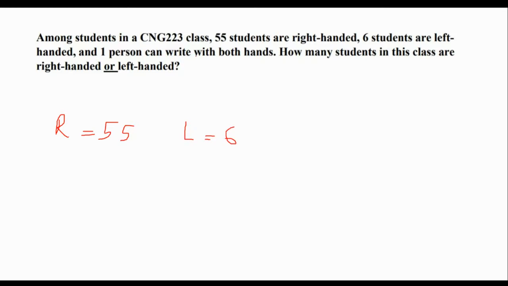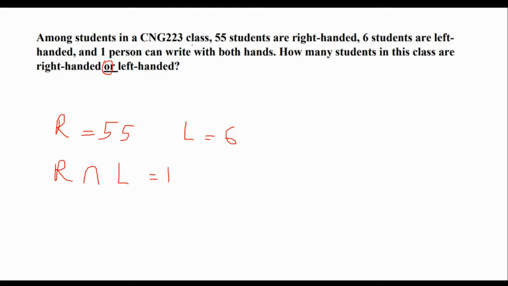And 1 person can write with both hands. So both right-handed and left-handed. It means that R intersection L, this is 1. So what's the question? How many students in this class are right-handed or left-handed?